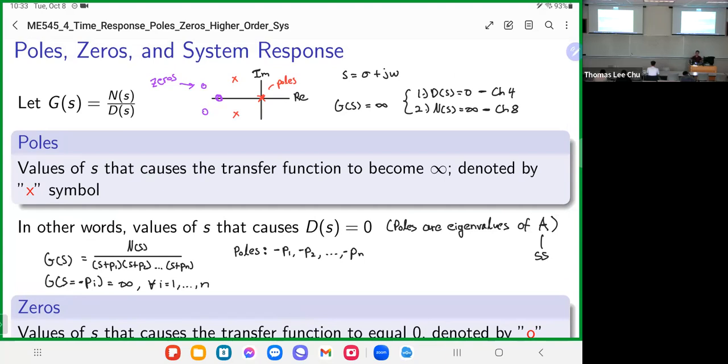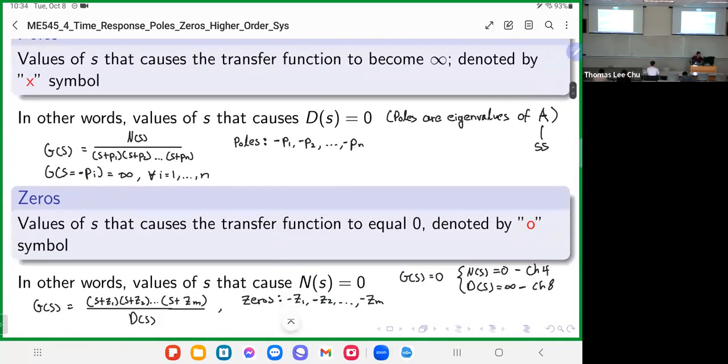If your pole is purely imaginary, meaning it's neither positive nor negative, it's called marginally stable. There's a special case where it grows unbounded, but we won't focus on that until later in this chapter. So know that negative real poles are stable, positive real poles are unstable.